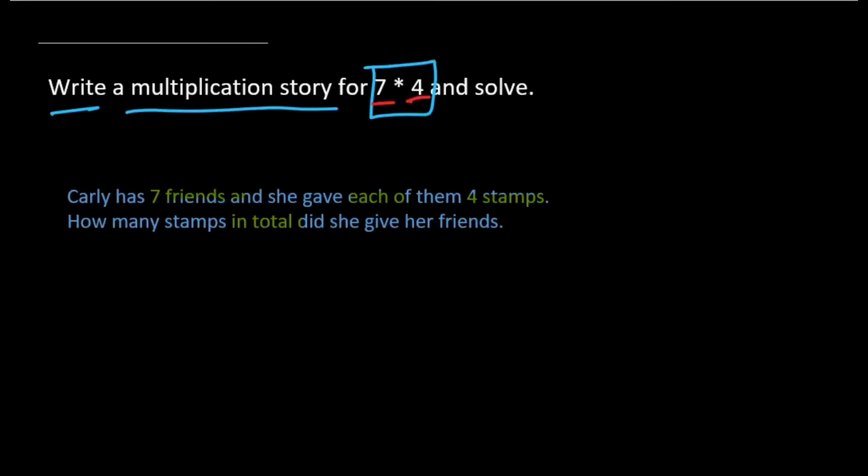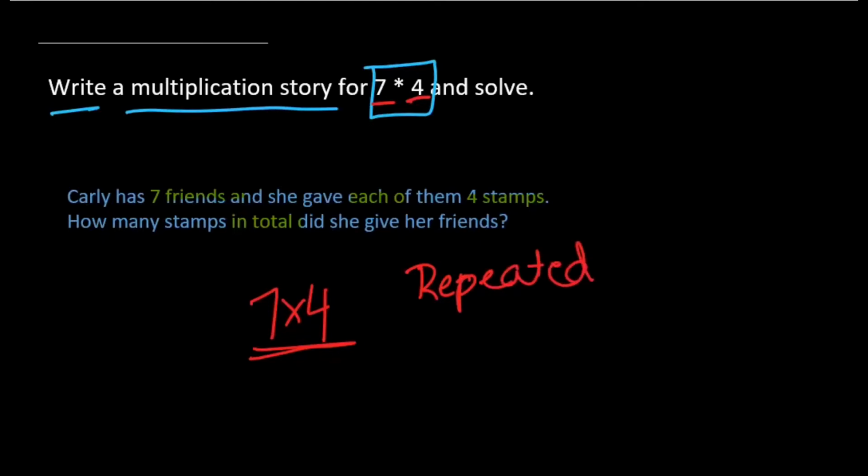And now, since it's the correct problem, we're just going to solve it. We know that our problem is 7 times 4. If you don't know what multiplication is, it's repeated addition.